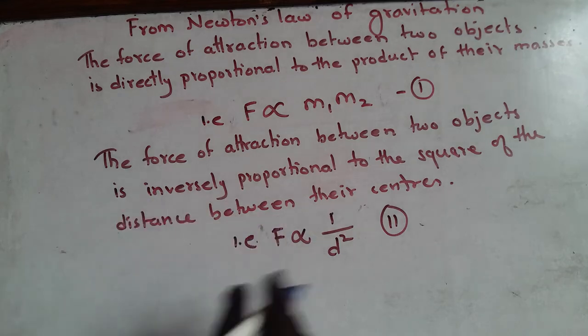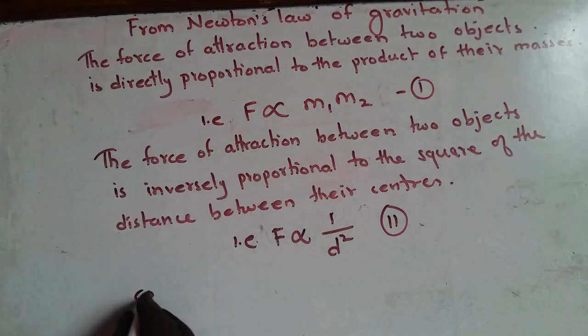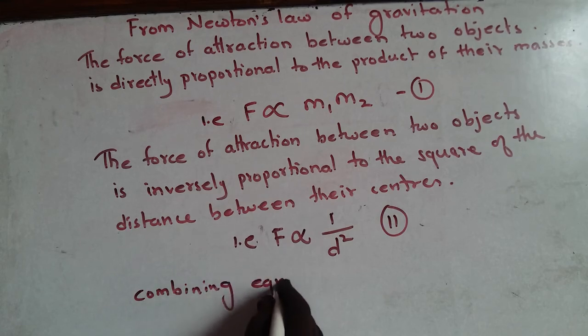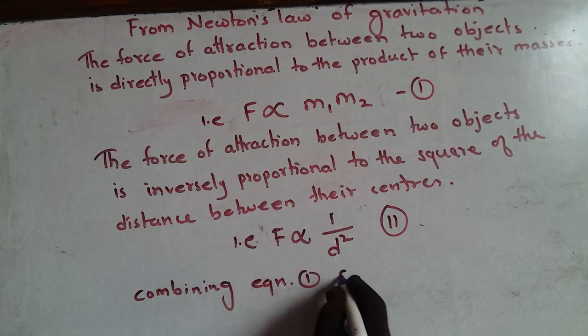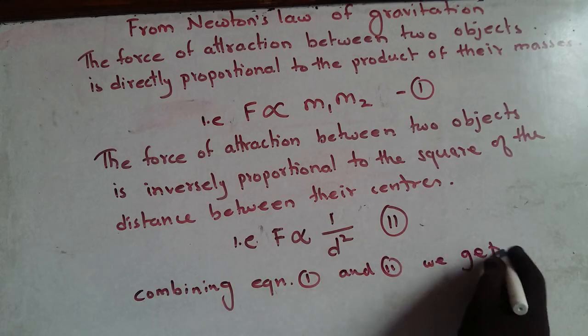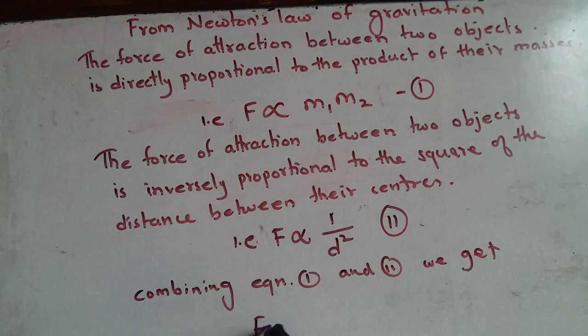Now combining equation 1 and 2, we get: force is directly proportional to the product of the masses and inversely proportional to the square of the distance between their centers.